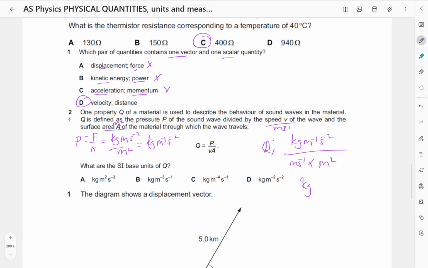Meters power -1 divided by meters power 3. We subtract the powers, so it becomes meters power -4. S power -2 divided by S power -1. We subtract the powers. So that is -2 minus -1, which gives us S power -1. So our answer is going to be C.